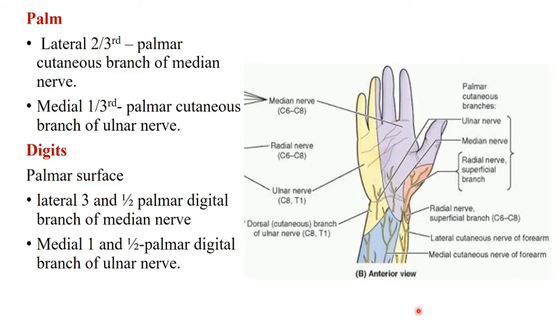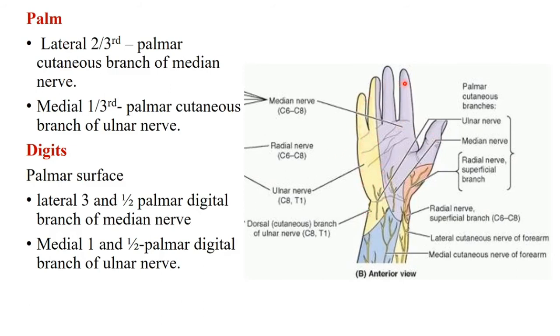On the palmar side, the lateral 2/3 of the palm of the hand is supplied by the median nerve. I repeat, lateral 2/3 of the palm of the hand is supplied by the median nerve. Medial 1/3 of the palm is supplied by the ulnar nerve.